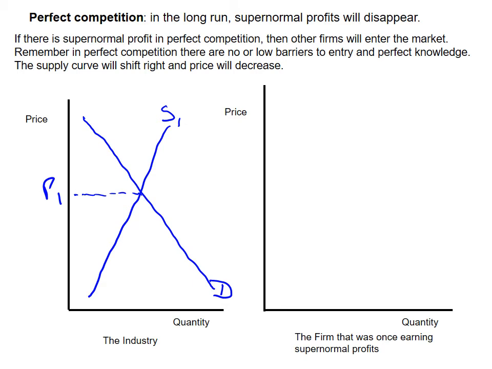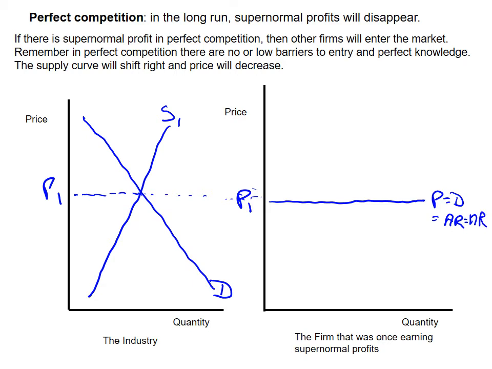Okay, and this P1 is going to come across here, and this is going to be our original price, P1, equals demand equals average revenue equals marginal revenue.